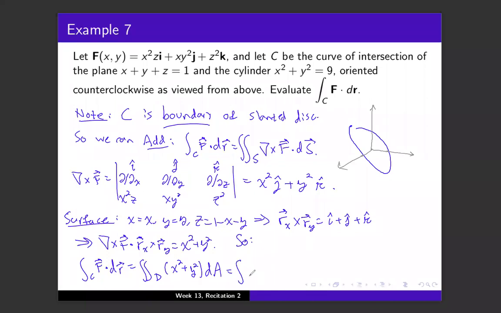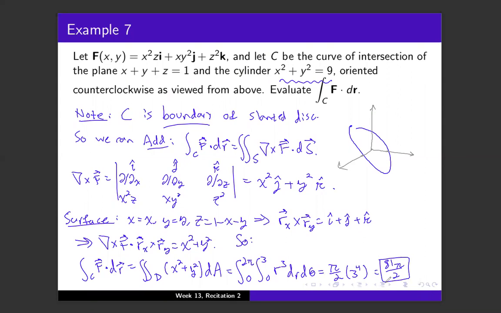That's going to be the integral from 0 to 2 pi, integral from 0 to 3, because the radius is going from 0 to 3, because we're told that the cylinder has a radius of 3. r cubed dr d theta, which comes out to pi over 2 times 3 to the 4th, or in other words, 81 pi over 2, after you calculate that.